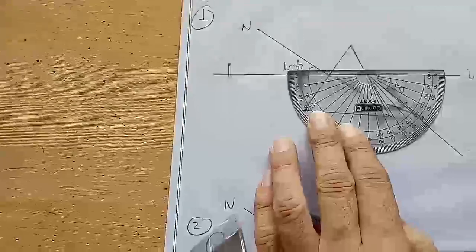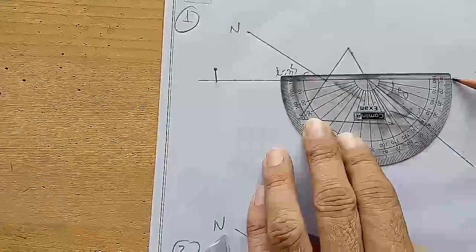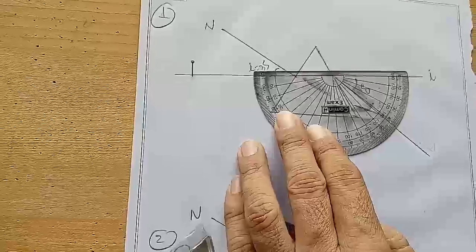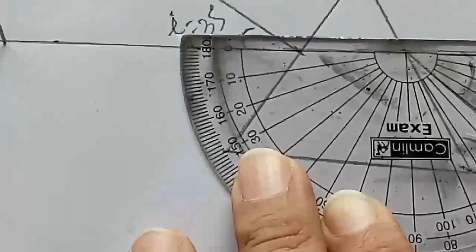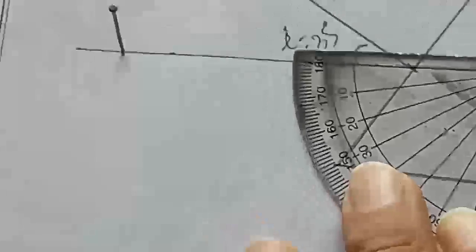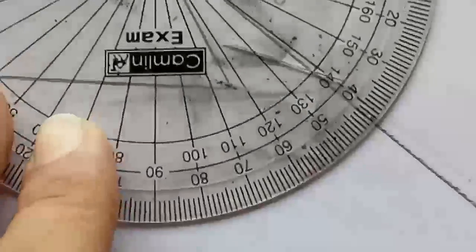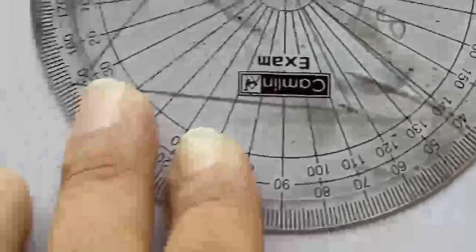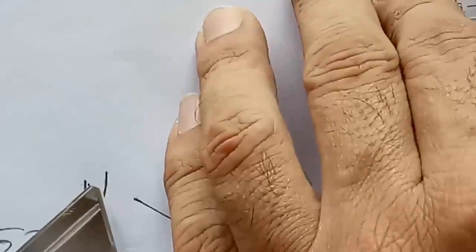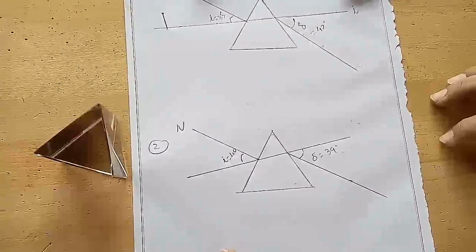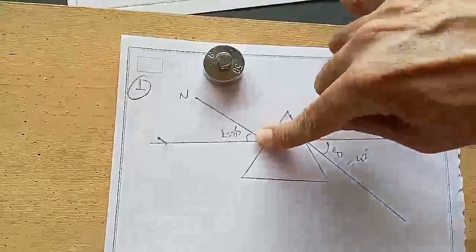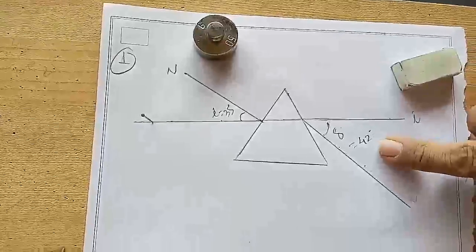Now the angle between the incident ray and emergent ray is equal to 42 degrees. Can you see this 42 degrees? So let me note this down. For I equal to 35, the delta was 42.